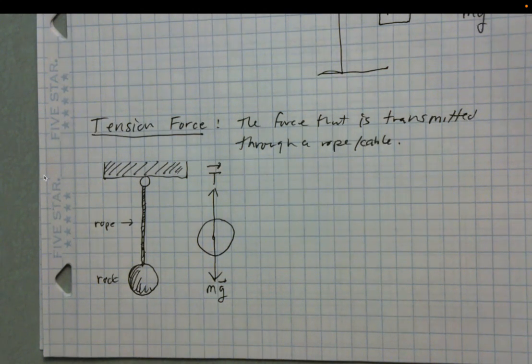Now technically you could create a tension force in anything that's holding something up. Blocks of wood can be put under tension if you're suspending something from blocks of wood. It technically doesn't have to be a springy rope or anything like that. It's just anything that has tension like that.